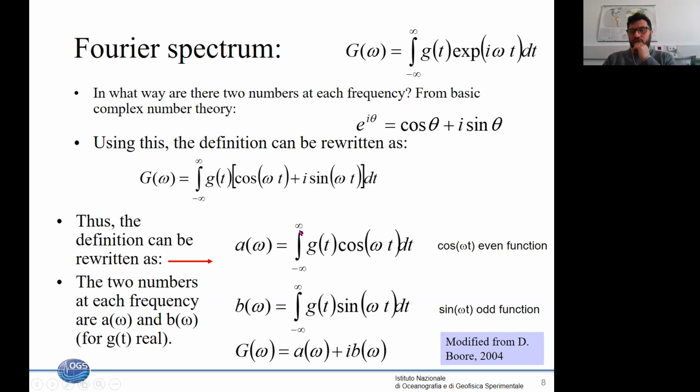Generally, we are not working with continuous signals. I guess you know a little bit what a digital signal is. Do you have an idea about it? So what is the difference between an analog signal and a digital signal? You are the digital generation, so I'm sure you know it. So when I'm measuring with my instruments, I'm measuring continuously the shaking of the ground, let's say.